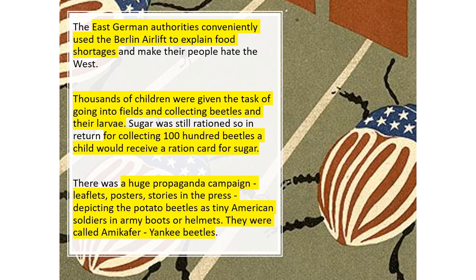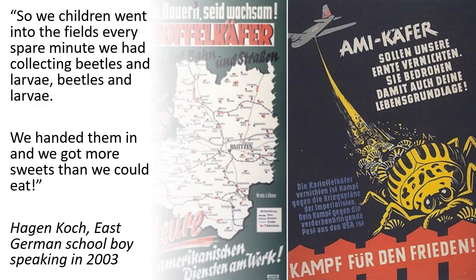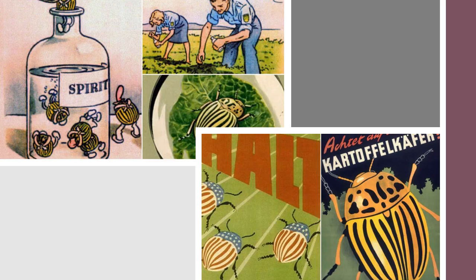And there were posters and things in school books telling children how to do it. And you've got a thing here from a schoolboy in 2003 describing how they went out into the fields, got as many beetles and little creatures as they could, and they got loads and loads of sweets, okay? You can see pictures here of them having instructions of how to go out into the fields and collect these things. Okay?